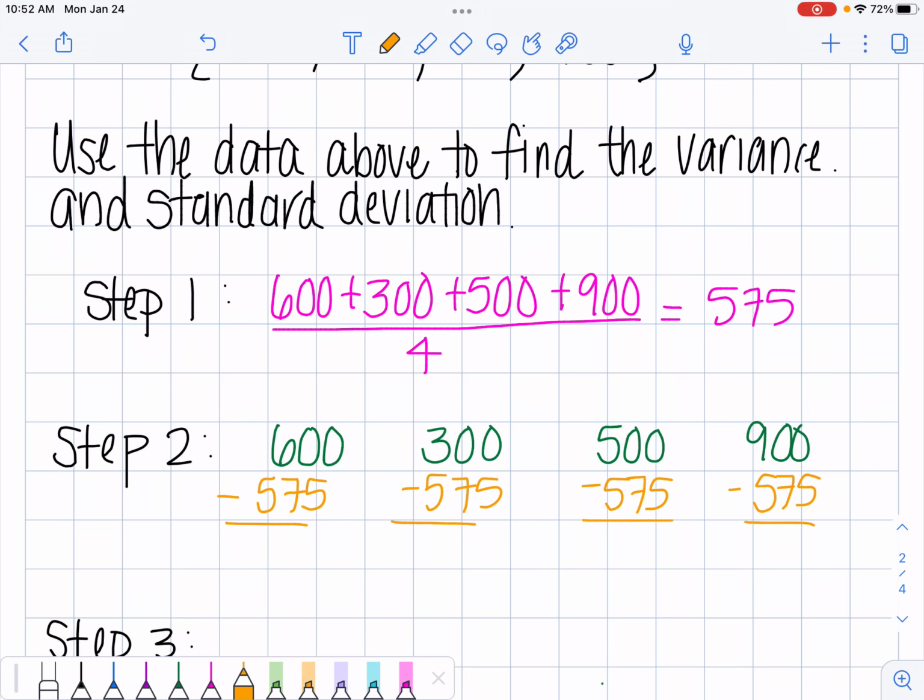Okay, so 600 minus 575, that's 25. 300 minus 575 is negative 275. 500 minus 575 gives me negative 75. And 900 minus 575 gives me 325.